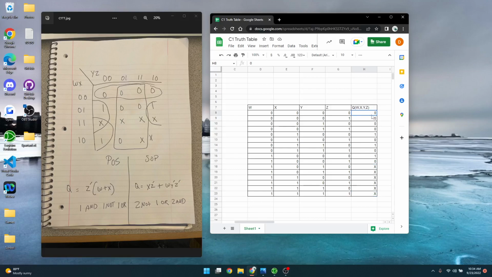But in the question, we only care about 0 through 9. So for 10 through 15, we make them don't care conditions. We don't care what they are at all. They're not going to affect our algorithm in any way. It's just what we have to do when we create truth tables like this.